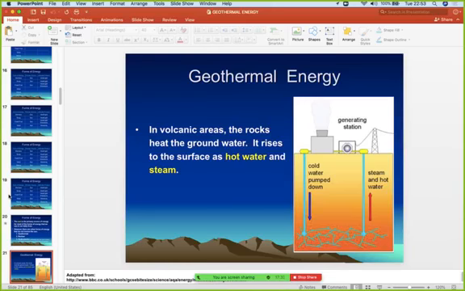So these rocks, because this is a volcanic area, are high in temperature, so they are heating the water in the ground. Can you imagine that? Trying to boil water on the ground. It rises to the surface as hot water and steam.